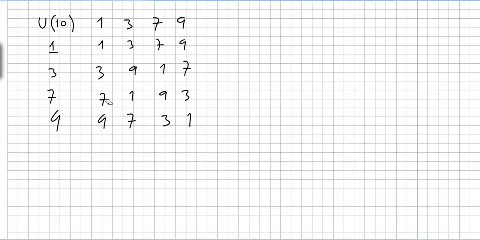So in previous videos we saw the table for U10, the group of units modulo 10, the set of integers less than 10 and relatively prime to 10 under multiplication modulo 10.